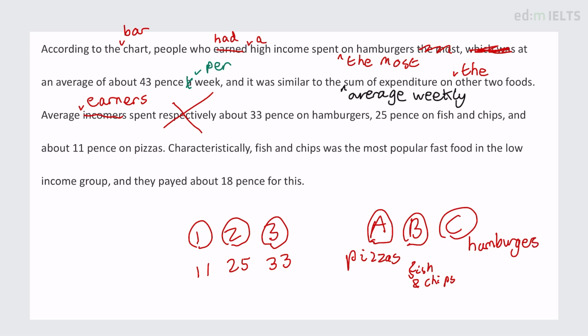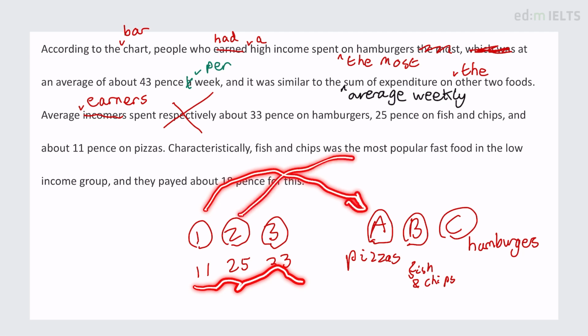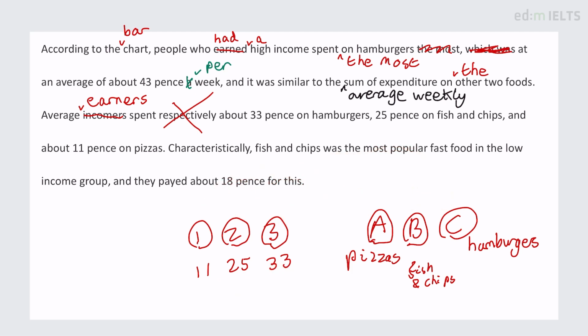So to use respectively, an example would be in Britain. So in the UK, in Britain, people spent 11, 25 and 33 pence per week on average on pizzas, fish and chips and hamburgers respectively.